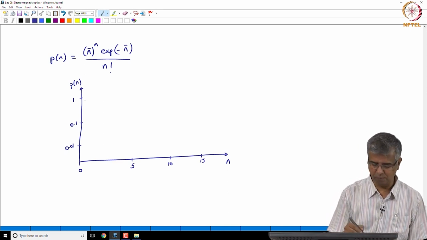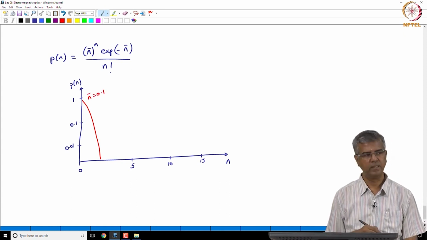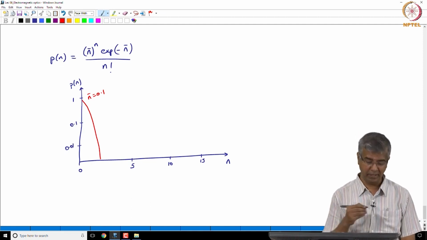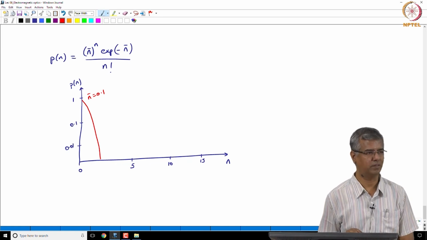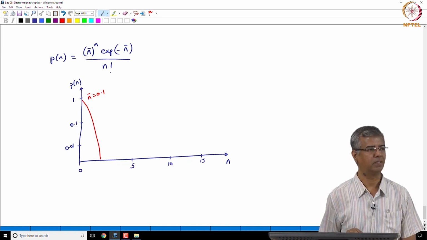But interestingly, if you plot this, you would find that you have a very good probability that you will find no photons in a given time slot.